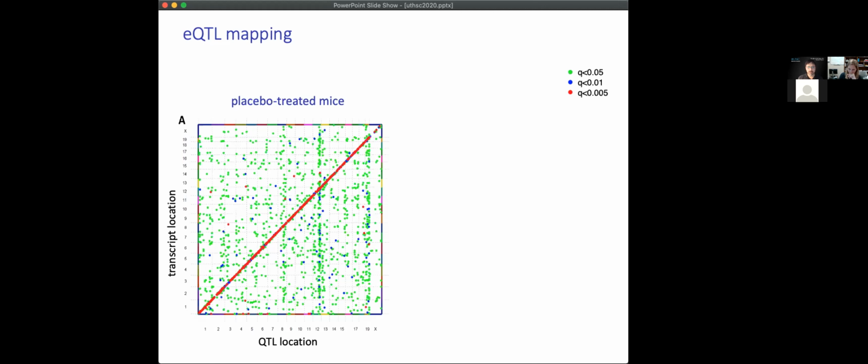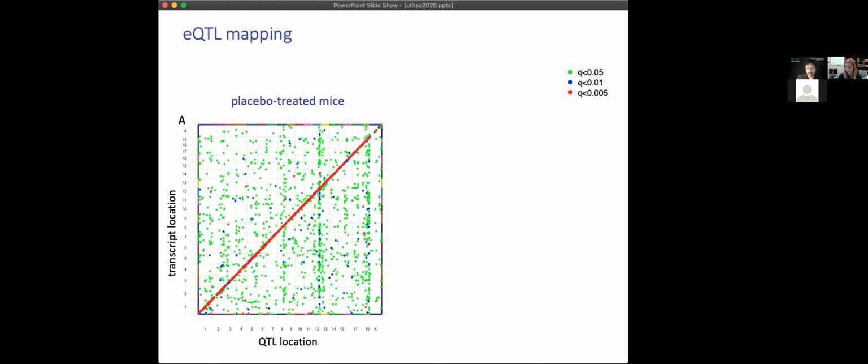And the red line along the diagonal, those are all the cis eQTLs, places where we find a QTL in the same location as the transcript, which you would expect there to be lots and lots of cis eQTLs, and then places off the diagonal are trans eQTLs.